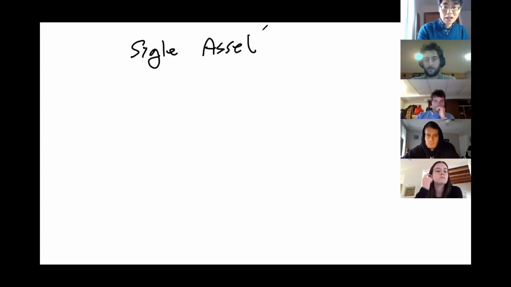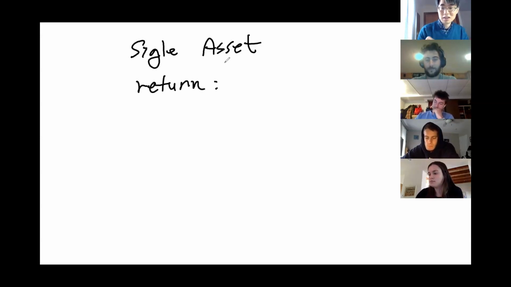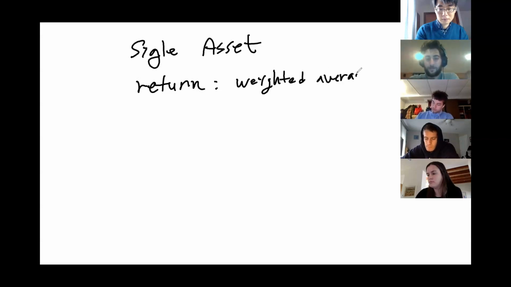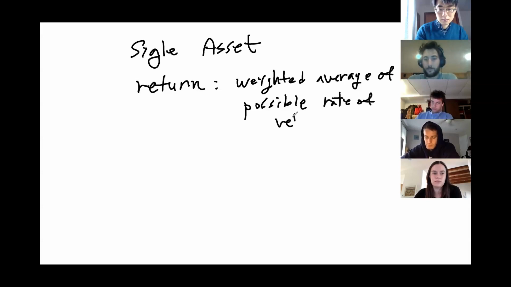Let's first think about the single asset case. In the case of a single asset, the return is the weighted average of the possible rates of return, and in this case the weight is the probability for each event to happen.